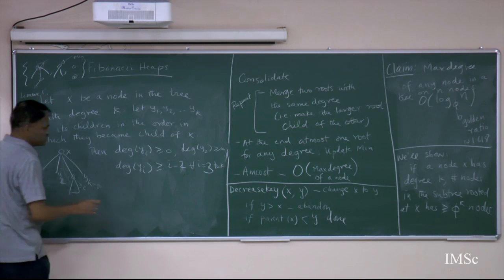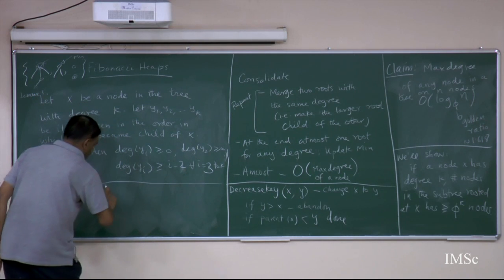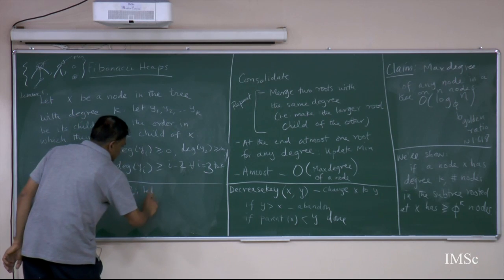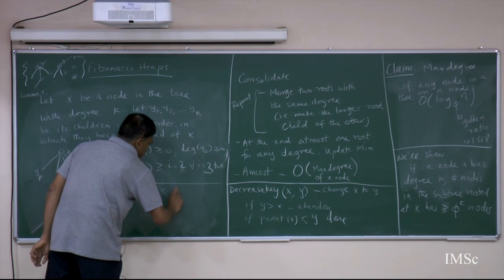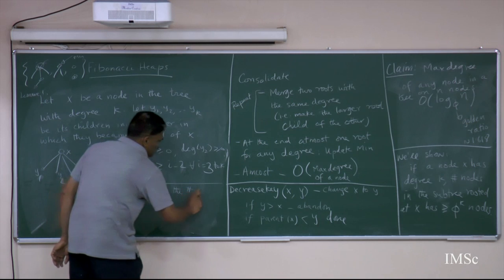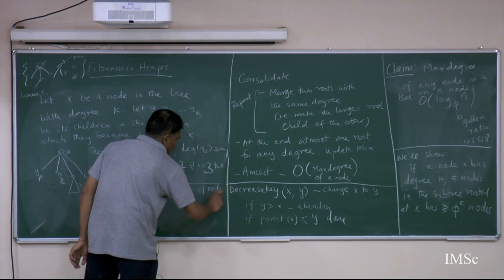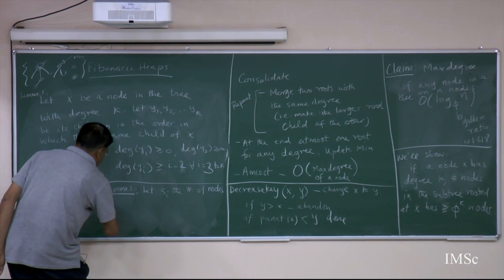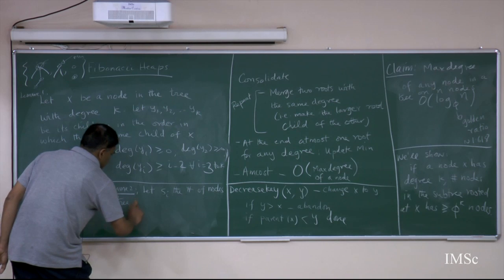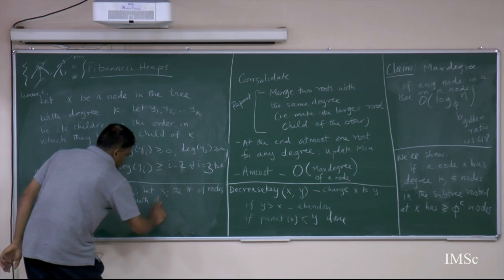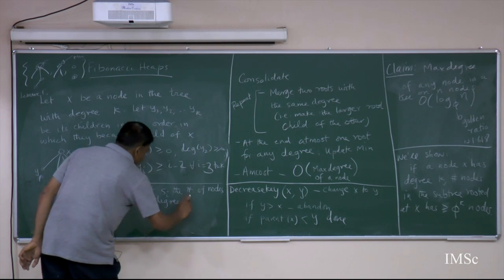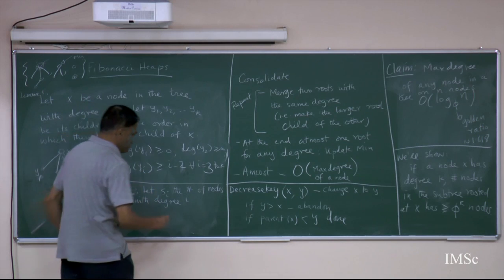The next lemma I'm going to say is: let Si be the number of nodes in a tree with the degree i. The tree has degree i, meaning the root has degree i.